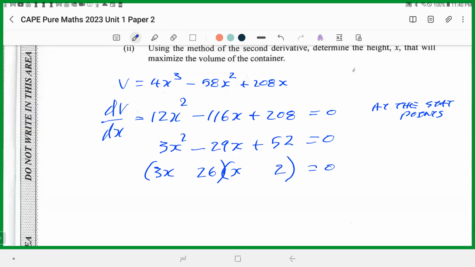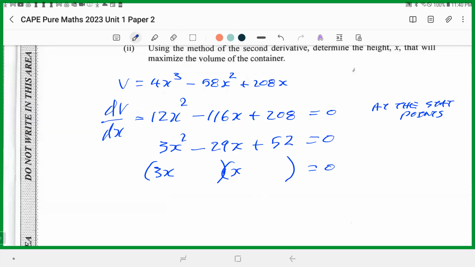But 6 and 2, no. We can't factorize. Man, we can't factorize. We can't, brother.